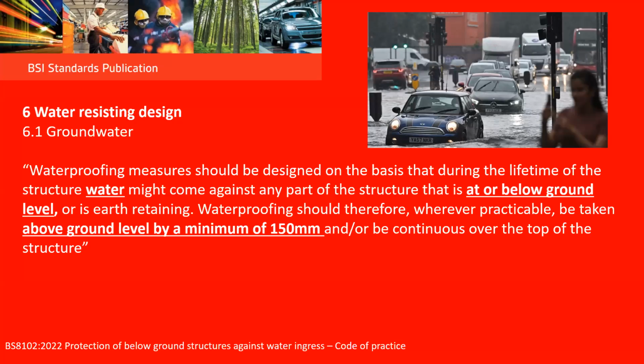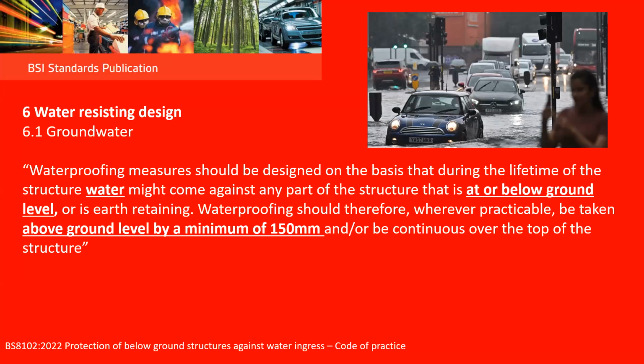A few key changes between the 2009 and the 2022 version. The new version talks about water ingress, so the previous one had an emphasis on groundwater. The new version now talks also about just water and the possibility that it can come to bear against any part of the structure that is at or below ground level.